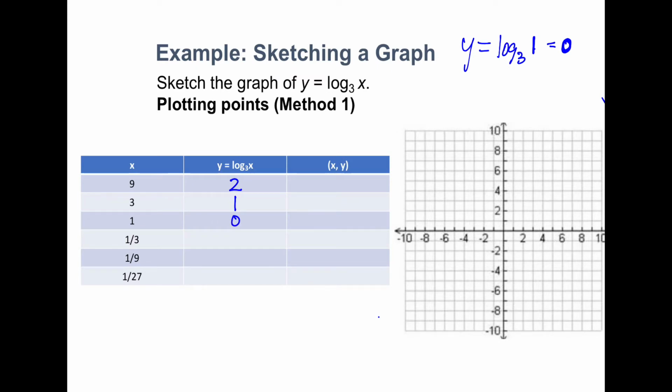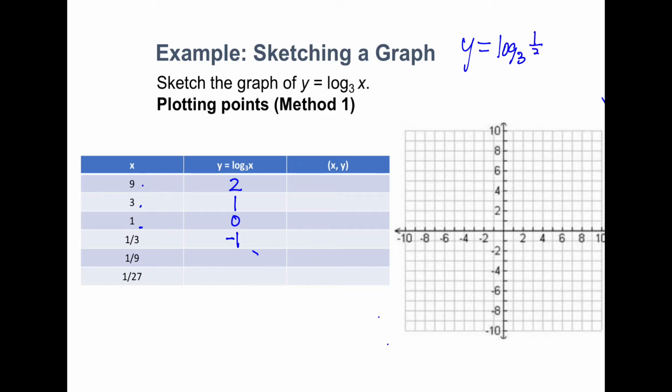All right, and then we get into the fractions, and this is where it's weird. Basically, I can use the inputs that I have here where the denominators are, again, powers of 3. And so the outcomes here will just be the same as the outcomes I had over here, except they'd be negative. In other words, for the log base 3 of a third, 3 to the negative 1 results in 1/3. Let me go ahead and write that down over here. It'll help you to see it visually.